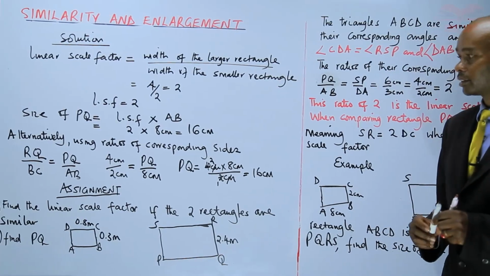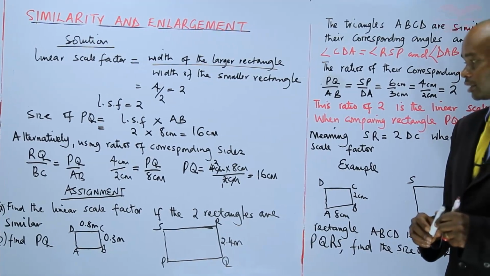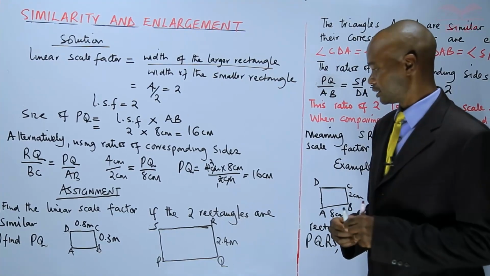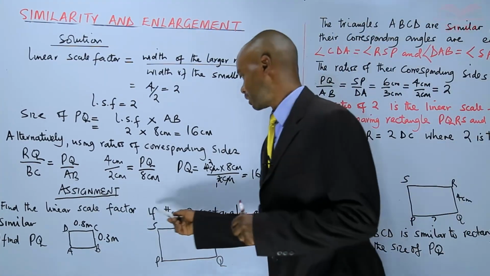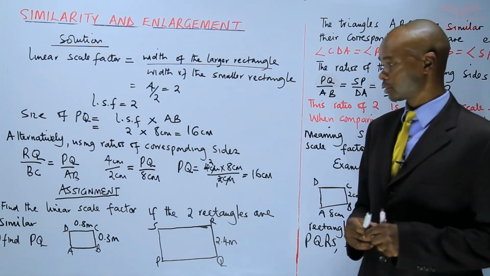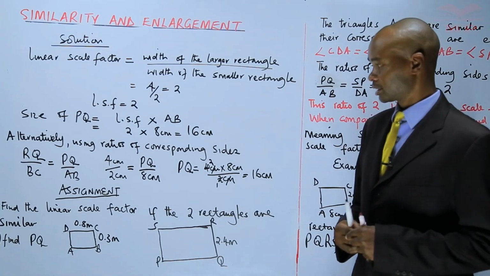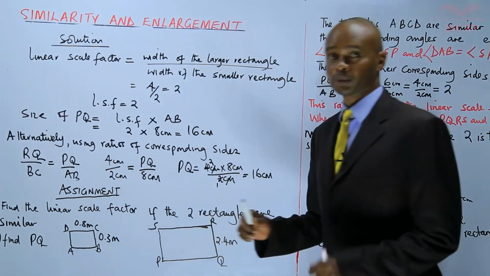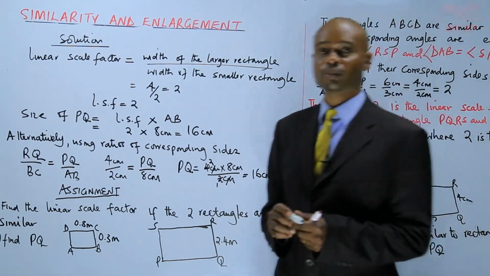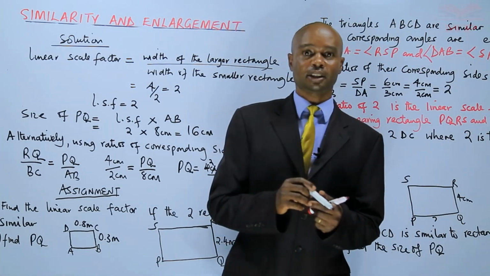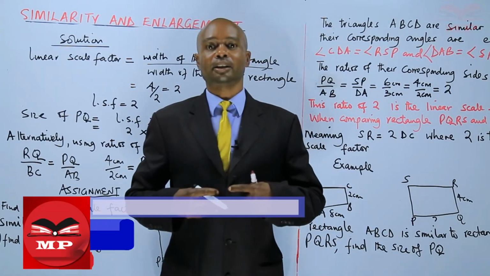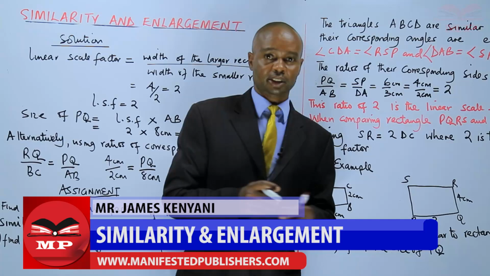Find the linear scale factor if the two triangles are similar, and also find PQ. Work out that question before we meet in the next lesson to proceed with another lesson on the same.